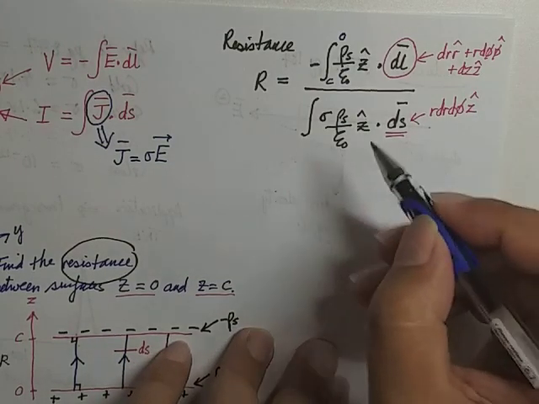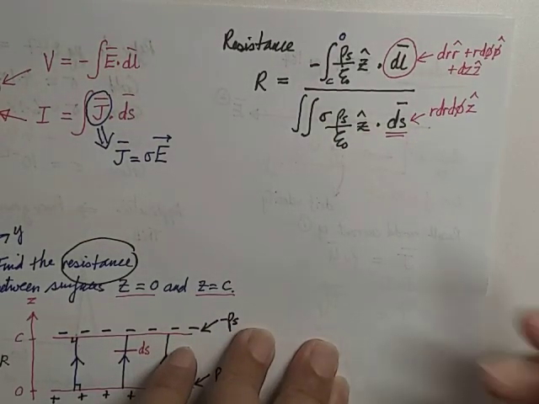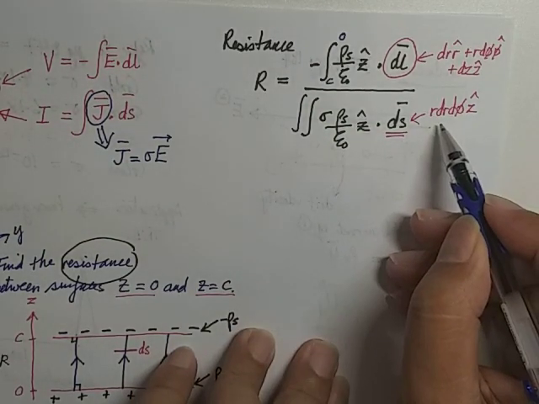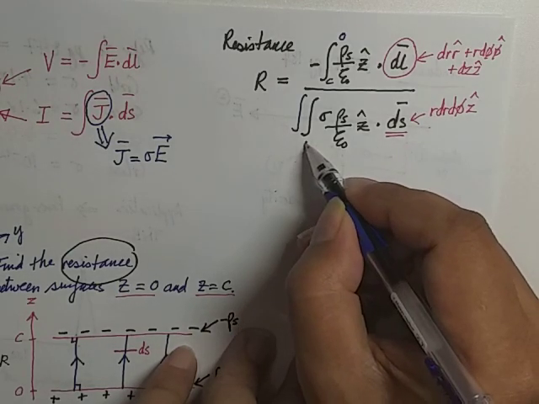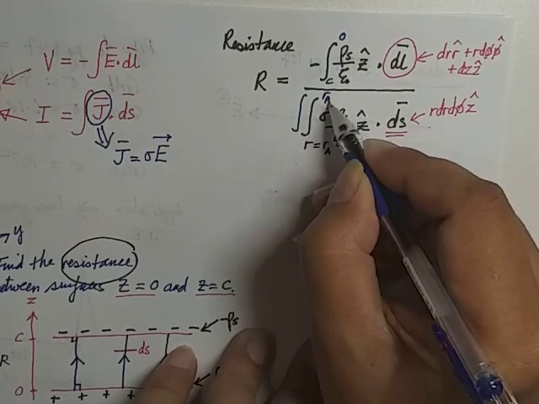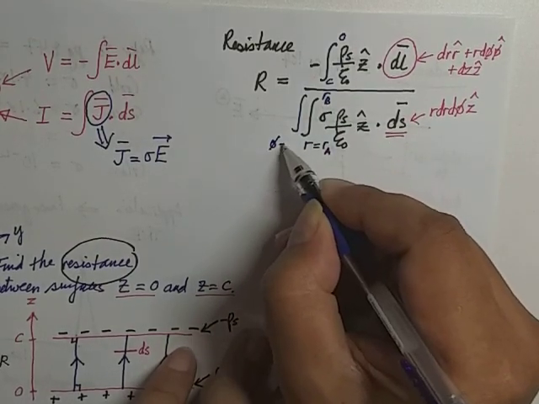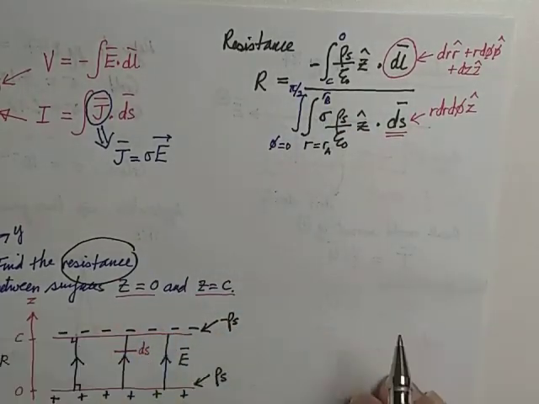Okay, and the second part of the integration should be double. Why? Because it's a surface. One will be based on the r, another one will be based on the phi. For the r, very simple, it should be from RA to RB, and for the phi it should be from 0 to pi over 2. Why?